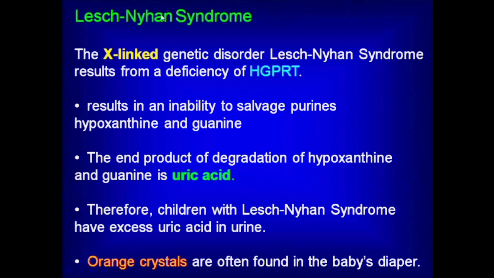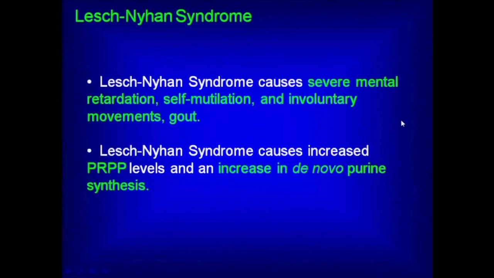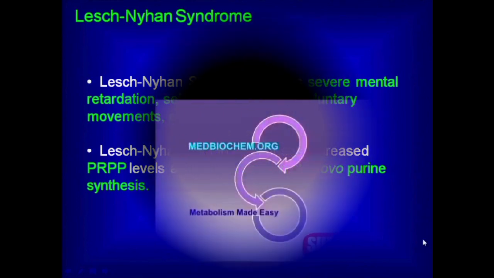Okay, so you just need to know the enzyme and the outcome of its deficiency. So key things: severe mental retardation, self-mutilation, and gout, which is the same as hyperuricemia.